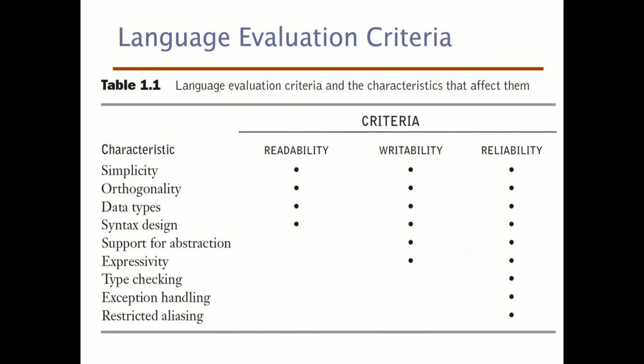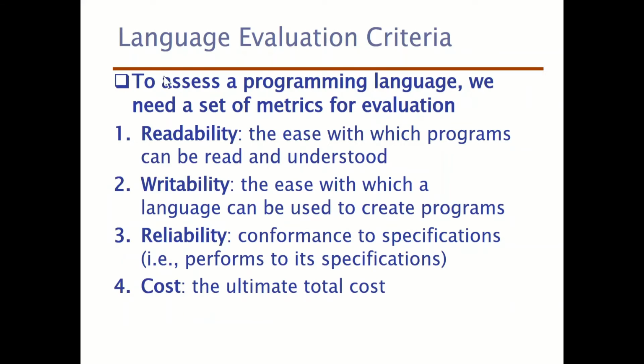Look at this table. This is extremely important and gives you an idea about these criteria that we evaluate a programming language with. By the way, these criteria are not all the criteria that we can have to assess or evaluate a programming language.